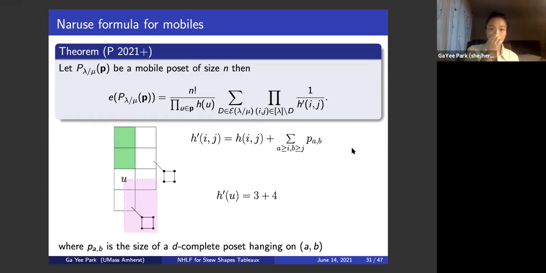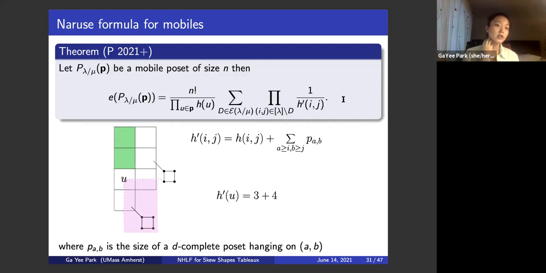So here is a Naruse hook length formula for mobile posets, where it looks almost like the original Naruse hook length formula, where we're summing over its excited diagrams with some extra accessories to count in the hook lengths of the d-complete posets. And we also have to redefine the definition of hook now because it's a new type of poset.